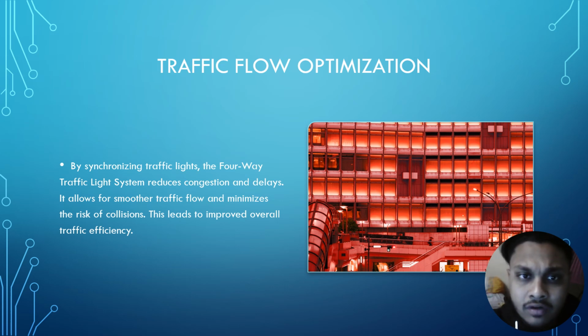The system minimizes the risk of collisions by coordinating light changes to ensure vehicles move efficiently. This leads to fewer traffic jams, enhanced road safety, and better overall efficiency for drivers and pedestrians alike. By implementing this system, we can transform traffic management, making our roads safer and travel times shorter.